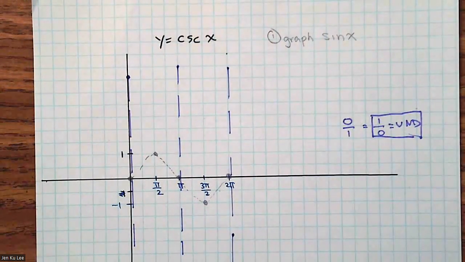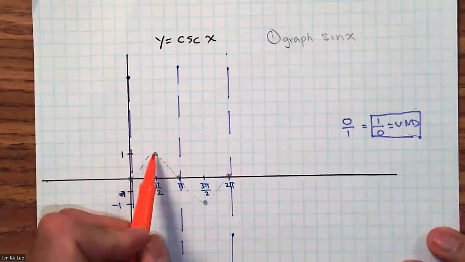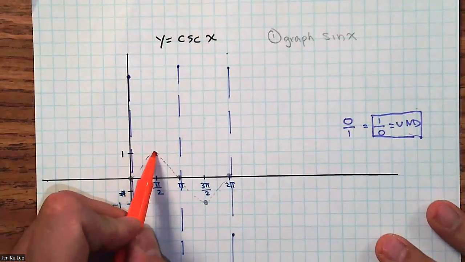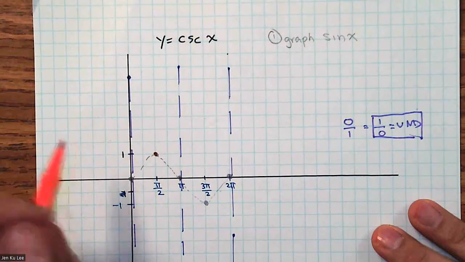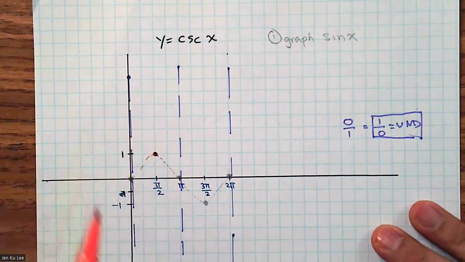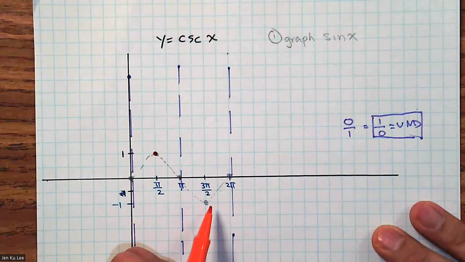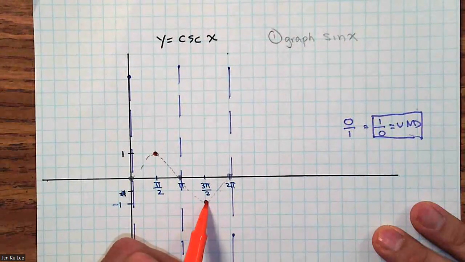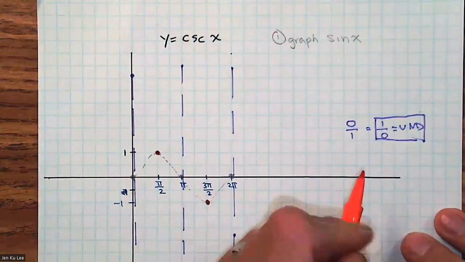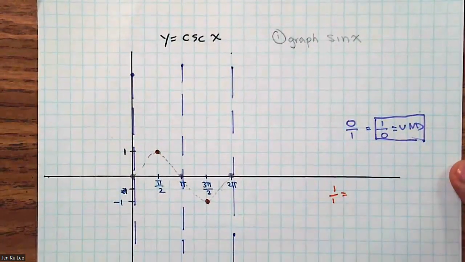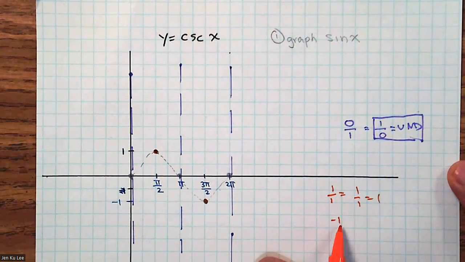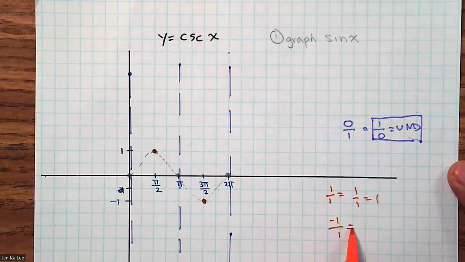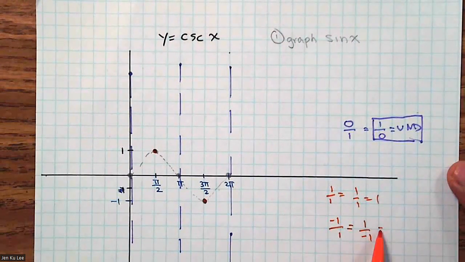Okay? Now, what is the reciprocal of 1? Because that's my next point here. 1, right? The reciprocal of 1 is 1. What's the reciprocal of -1? -1, right? If you flip 1 over 1, that'll just be 1 over 1, which is 1. -1 over 1, if you flip that, 1 over -1, which would also be -1, right?